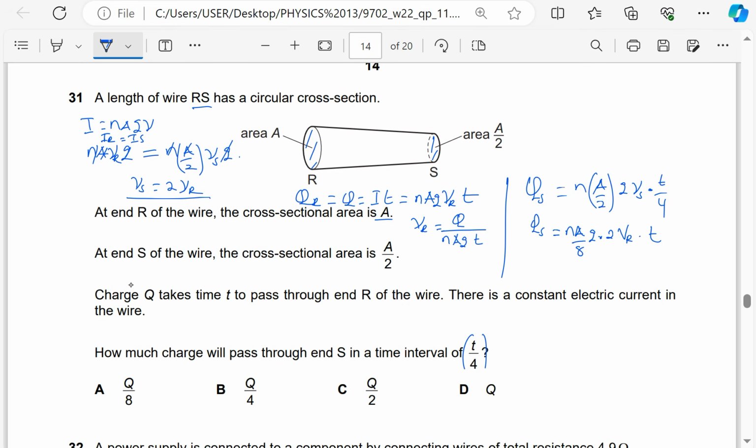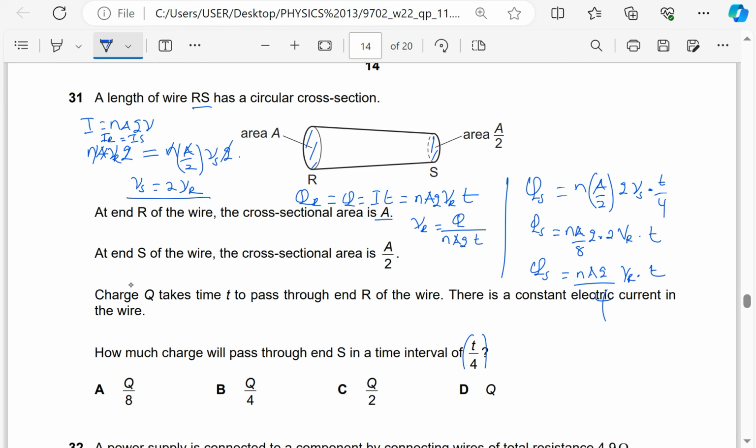Okay, I'm trying to simplify. So QS is going to be equal to NAq divided by 4 times VR times t. I'm going to just factor out this. Remember, I want the charge at S, that is QS. So I just want VR.